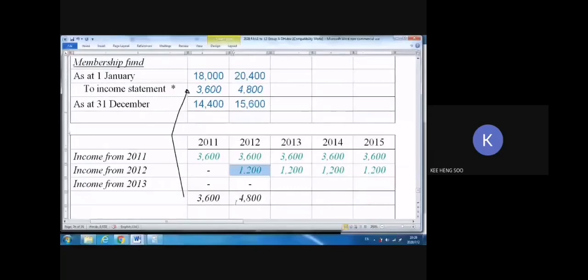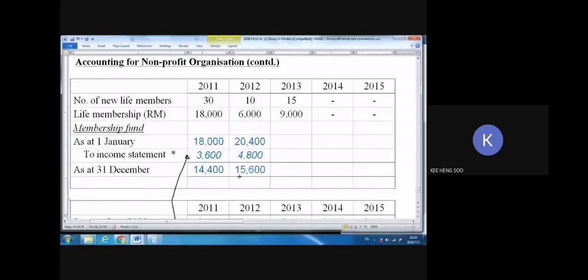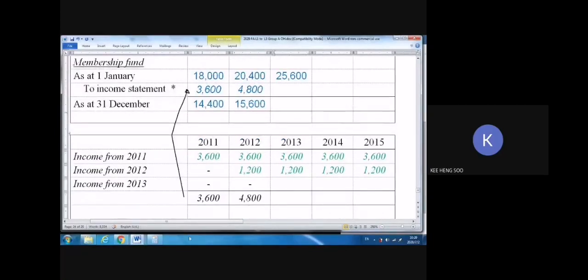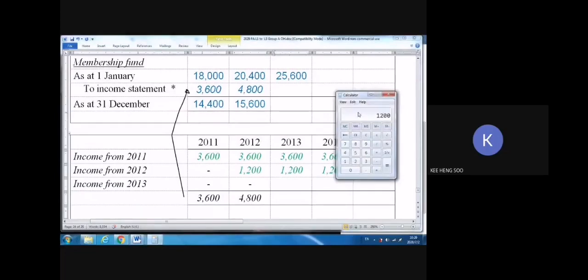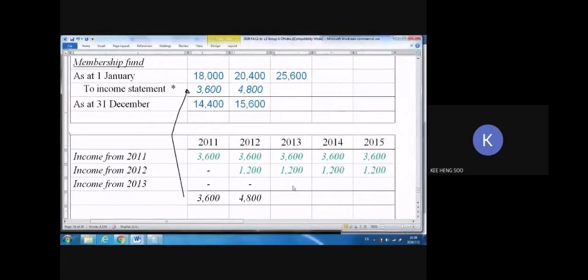Now, this one plus this one, you can get 25,600. 9,000 divided by 5, you see 1,800. So 1,800 will be here.